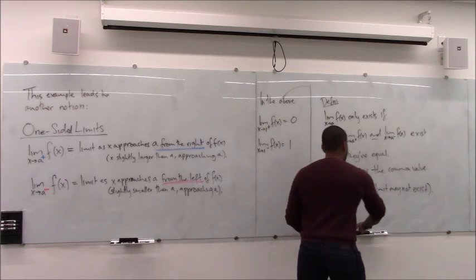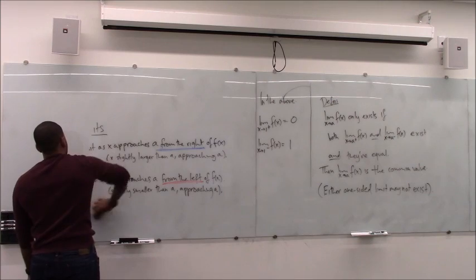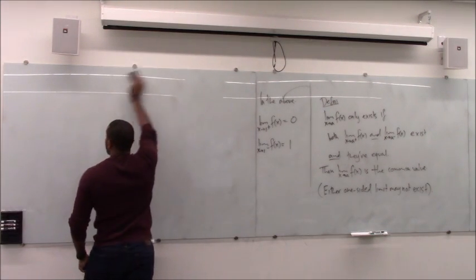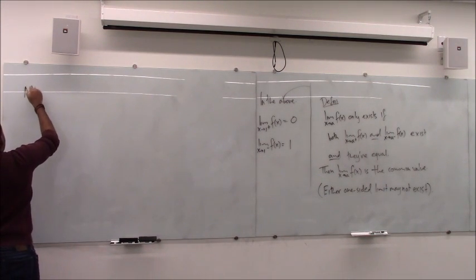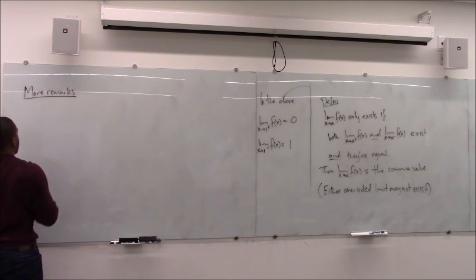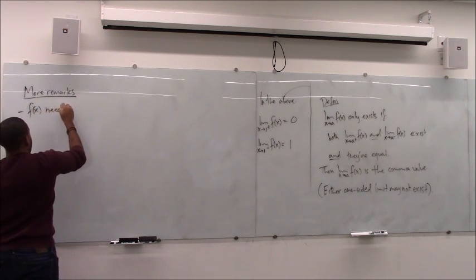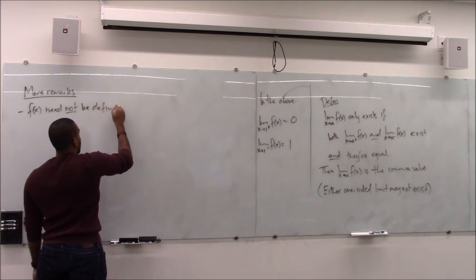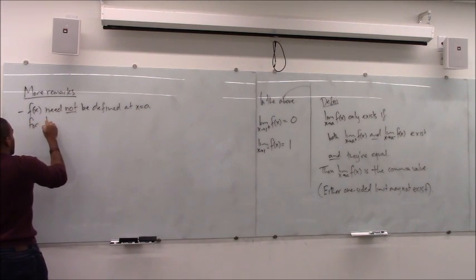At this point, I want to make some more remarks. So one, f of x need not be defined at x equals a for the limit to exist.